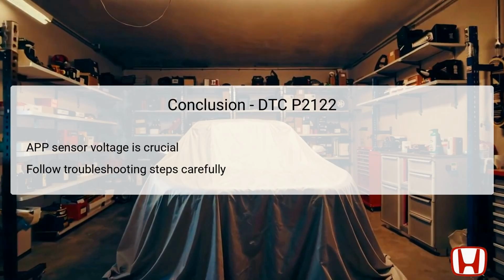Addressing this issue involves a systematic approach to troubleshooting, starting with voltage checks and progressing through extensive circuit inspections. Each component involved must be analyzed and tested appropriately to identify whether the fault lies in the APP sensor, wiring, or the PCM itself.